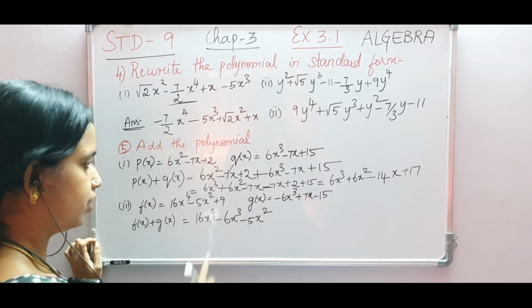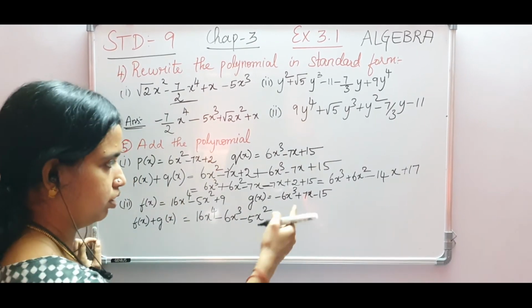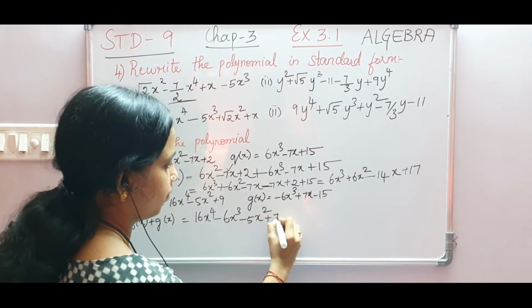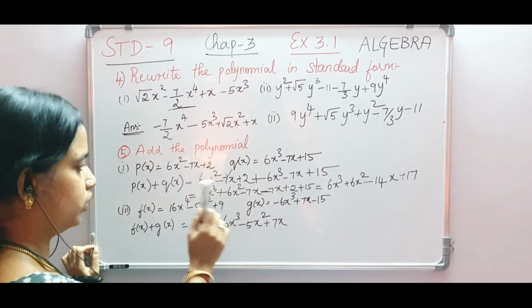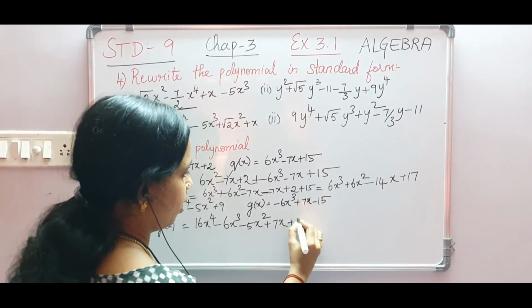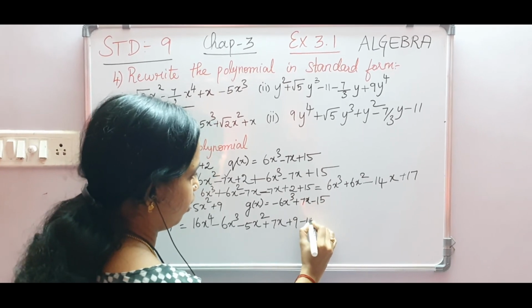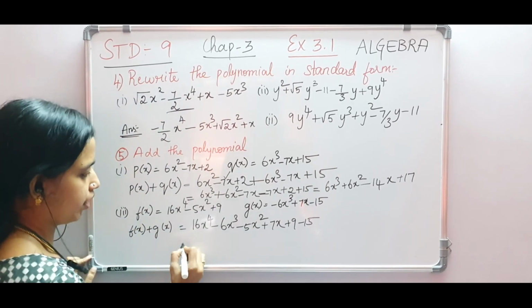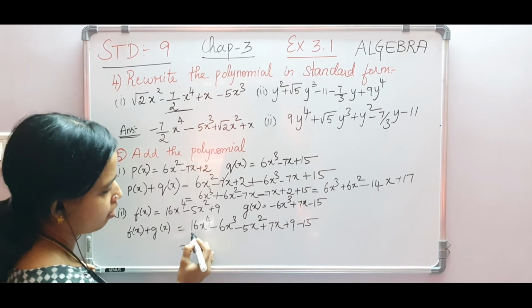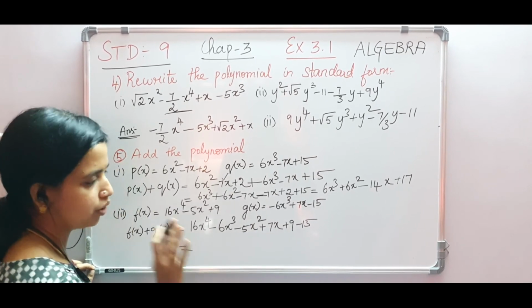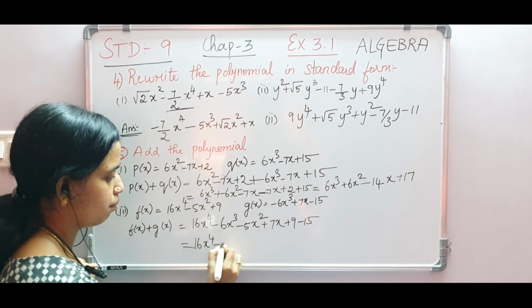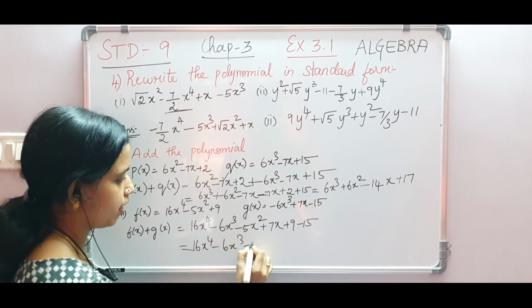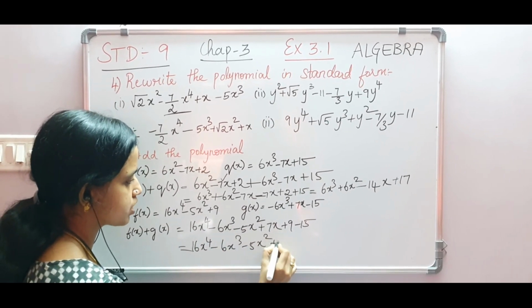Then the next term is degree 1, that is x alone, 7x. And the remaining terms are constants: here plus 9 and here minus 15. So for your final answer, the first four terms you can't do anything with, so just write them as they are: 16x power 4 minus 6x cube minus 5x square plus 7x.